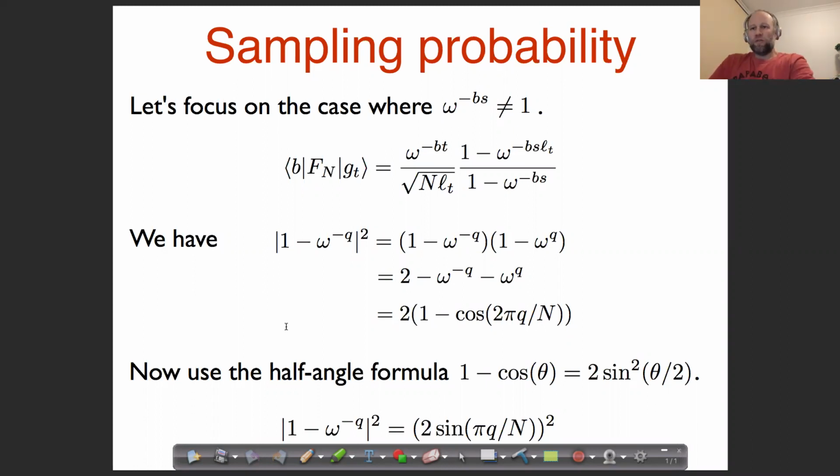Now we're going to use this half angle formula: 1 minus cosine theta is equal to 2 sine squared theta over 2. Plugging that in, overall we get that the magnitude squared of 1 minus omega to the minus q is quantity 2 sine pi q over n squared.